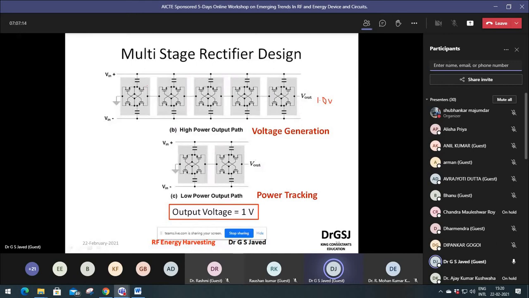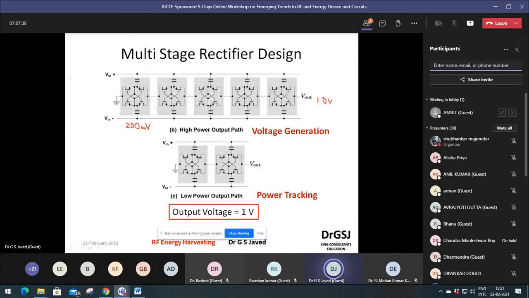In this particular case, we had about 200 millivolt per unit cell, right? Now, if the unit cell was only about 150 millivolt, then I would need one extra device placed in cascade. So instead of having 5, I would go forward with 6 devices. So you can stage the number of stages needed and get enough value at the output.